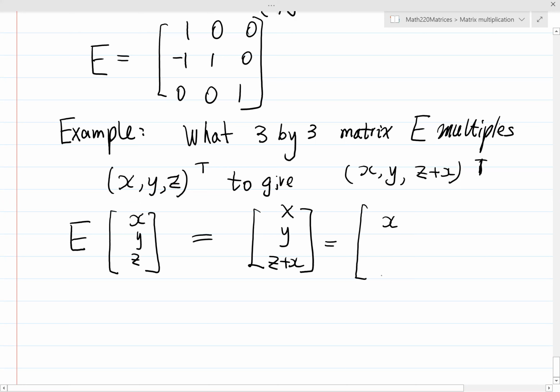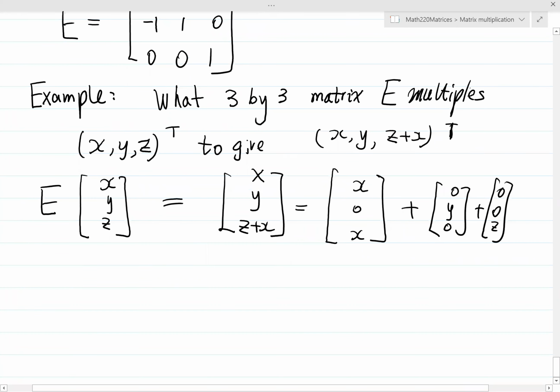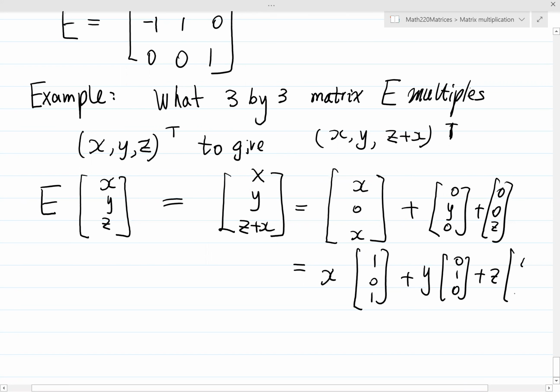We have x, 0, x here, and then the remaining things: 0, y, 0, and then 0, 0, z. Then factor out x, y, z. This is x times (1, 0, 1), and then y times (0, 1, 0), and z times (0, 0, 1).